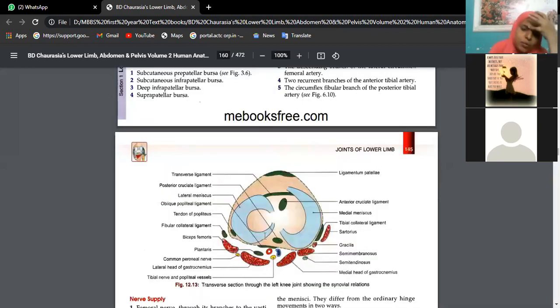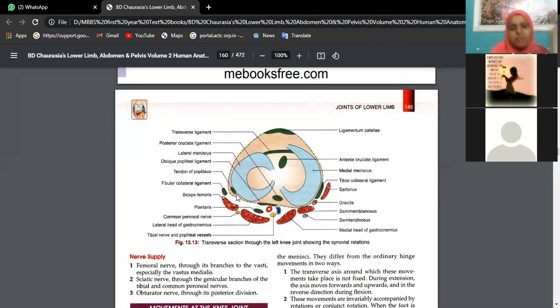Now, once you look into this picture, then relations: we do not have many muscles anteriorly, only that ligamentum patellae, because quadriceps femoris has modified as the patella bone, a sesamoid bone. Behind, if you remember the popliteal fossa, what are the various muscles we see there?